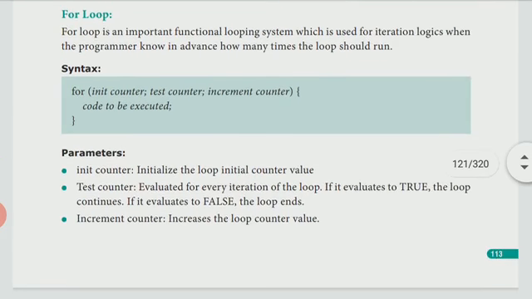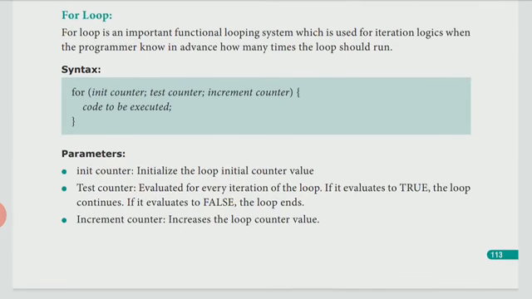First we will see the for loop. The for loop is an entry check loop, that is, at the start we check the test condition, and after that we do the process. So this is called an entry check loop.